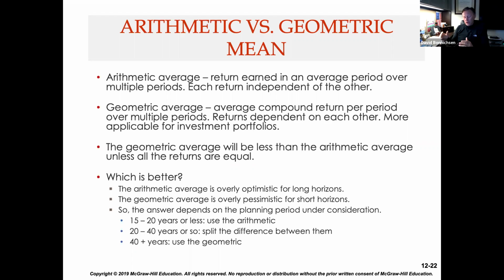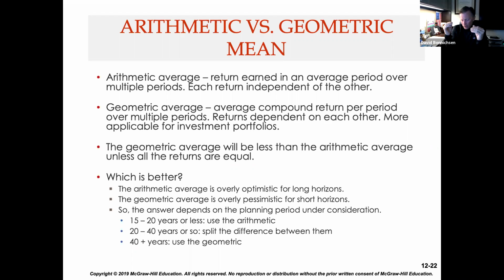If we look at the geometric mean, we go the opposite direction. It's overly pessimistic, overly negative, for short-term time horizons. So the answer depends upon what your planning horizon is and what you're trying to calculate. If we're dealing with a historical period of 15 to 20 years or less, then using the straight arithmetic average is totally fine.